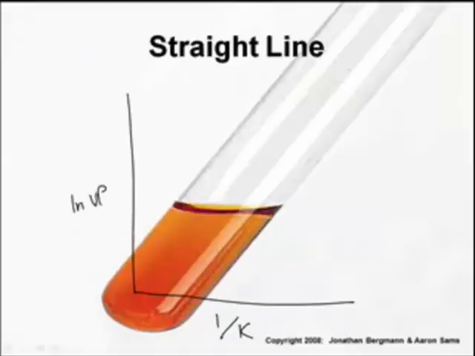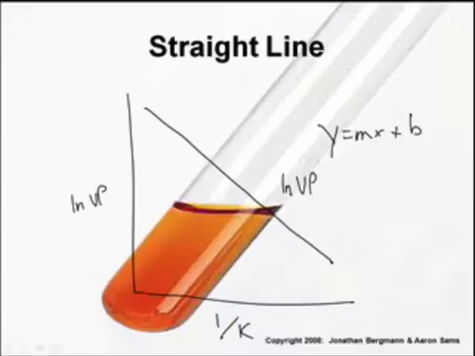Kind of confusing. And that gives you a straight line. And then it will have the equation y equals mx plus b. Now, actually, y will be the natural log of the vapor pressure, equal to the slope of your line, and the slope of your line is delta H of vaporization, heat of vaporization.